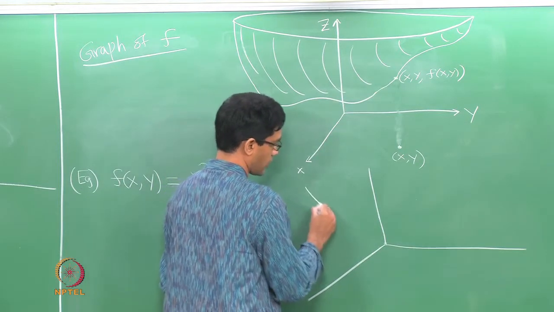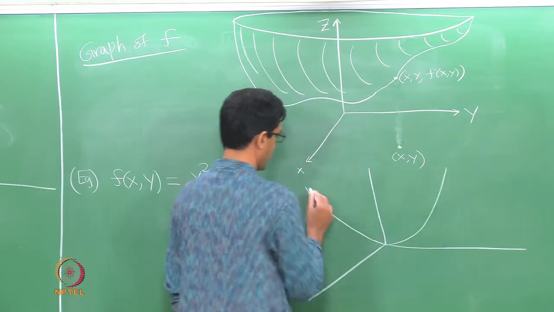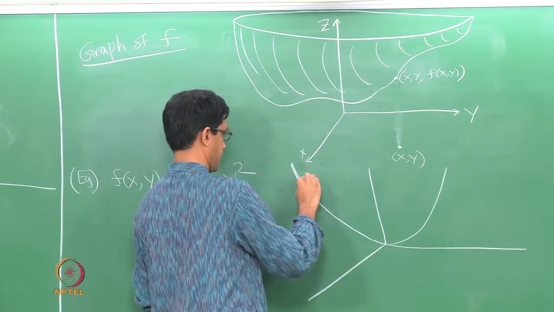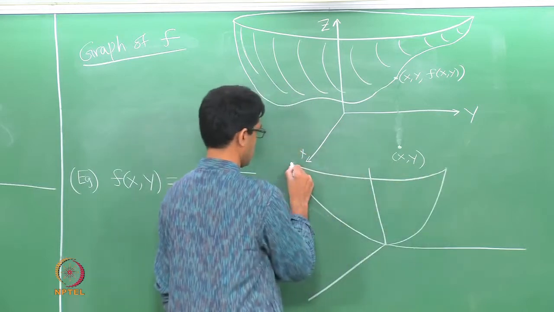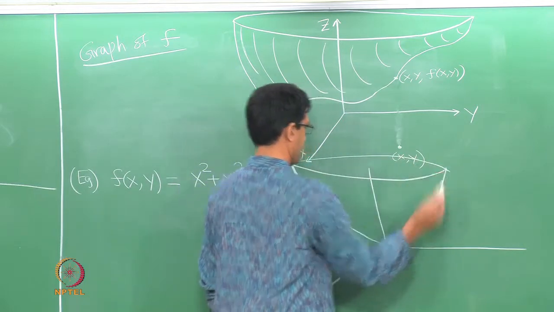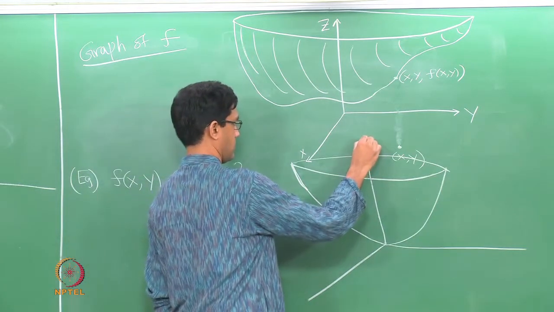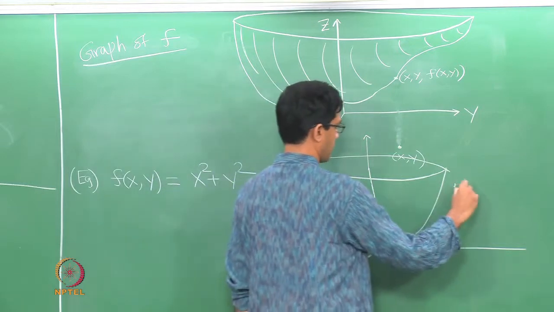So, if you join all of these up, let me just tell you what you will get. You will get a surface like that. This is sometimes called a paraboloid.